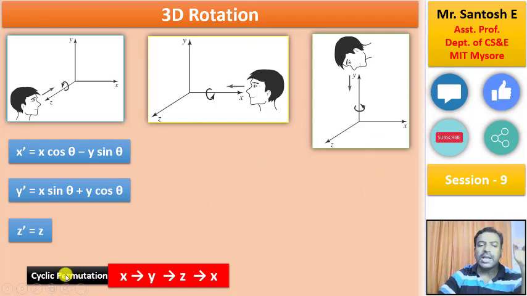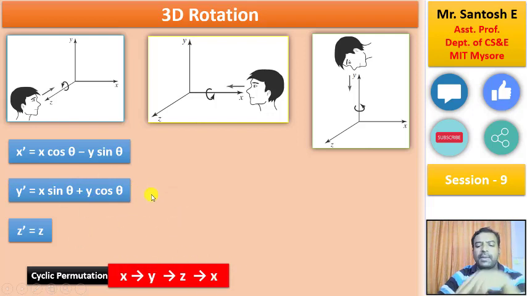To do this, I am going to use something called cyclic permutation. That is, I am going to use the same formula. Observe, nothing new I need to discuss or derive from scratch. So now I am just going to replace x with y, replace y with z, and cyclically replace z with x. That is what we are going to do now.